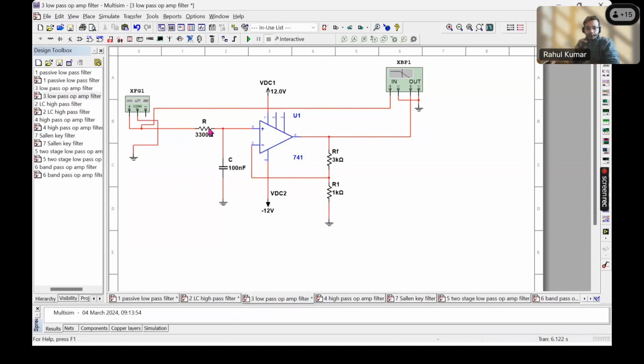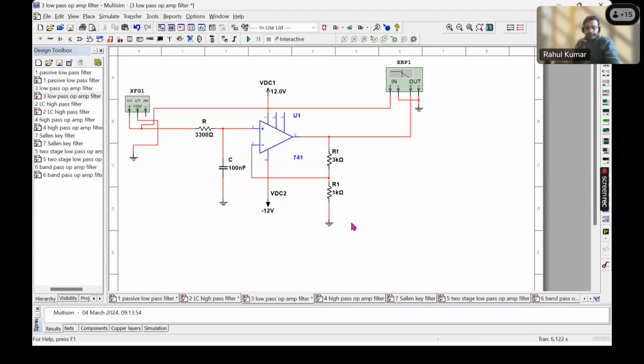Here you have your resistance and capacitor, and this is the 741. I'm using the most common operational amplifier, the 741. And this is your RF and R1.